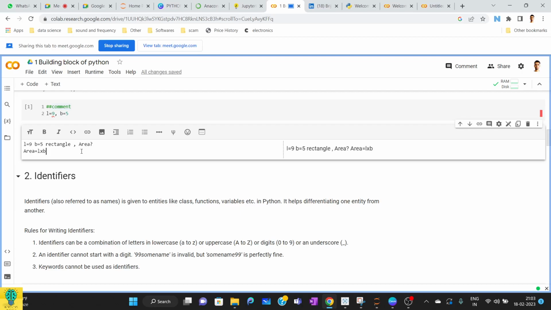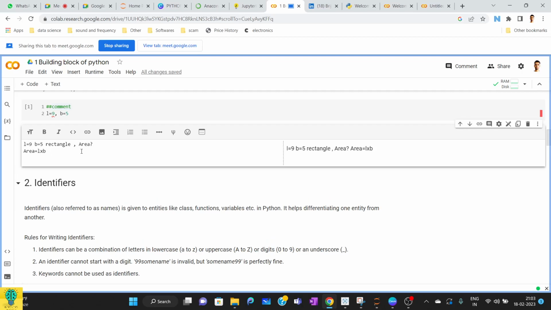So when you are going to calculate, you are going to replace L with 9 and you are going to replace B with 5. Same thing is being done by the computer itself. What it is doing is it is replacing L, the identifier. It is identifying a mathematical value that is equals to 9.